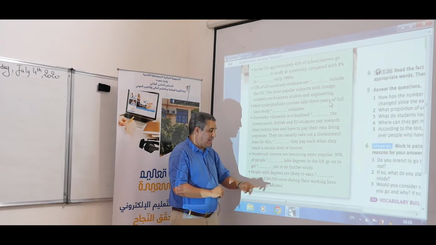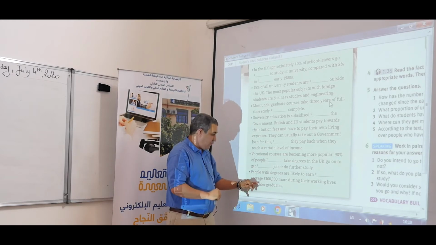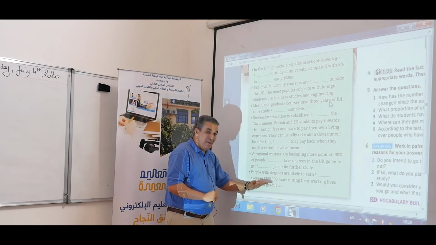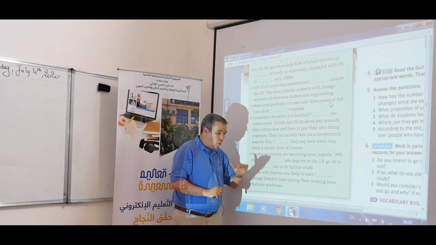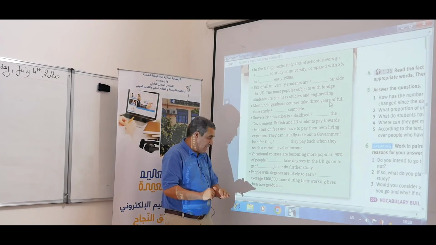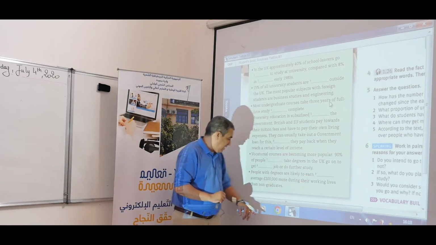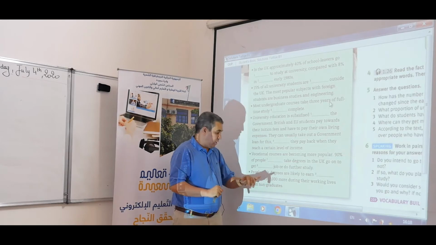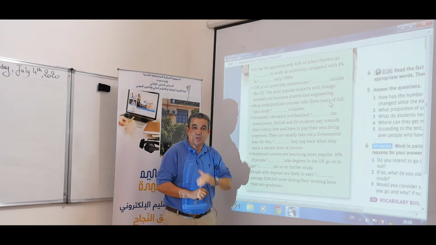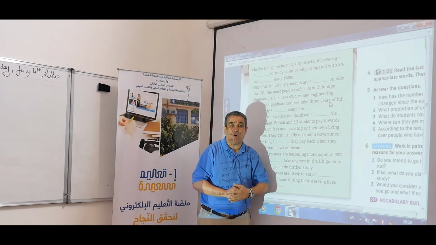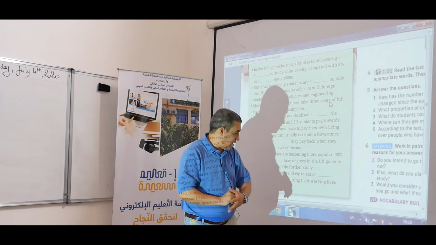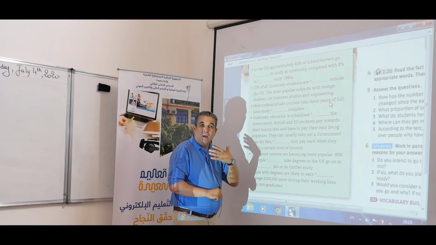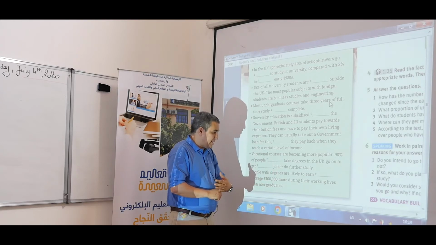People with degrees are likely to earn on average £100,000 more during their working lives than non-graduates. We said on average, it means it can be more than 100,000 and it can be less. Graduates are students who completed their studies and got a degree upon their studies at the university.